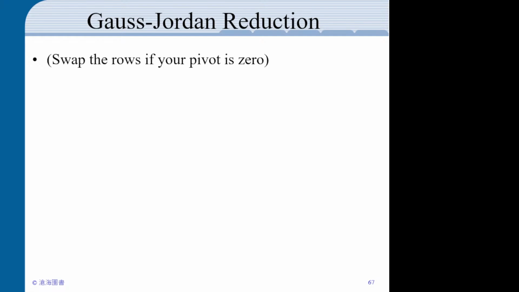So first, there is this general principle where you need to do row swapping when you are trying to eliminate things and your pivot is 0.